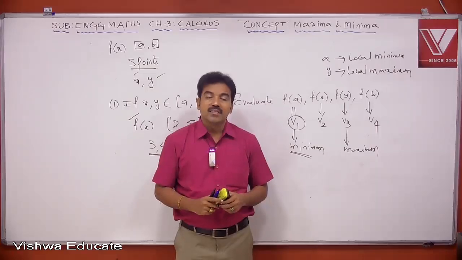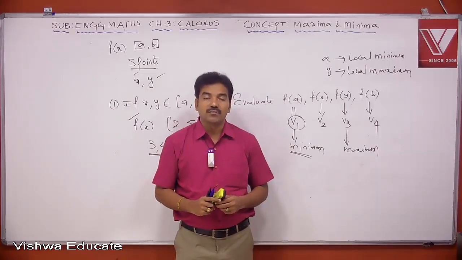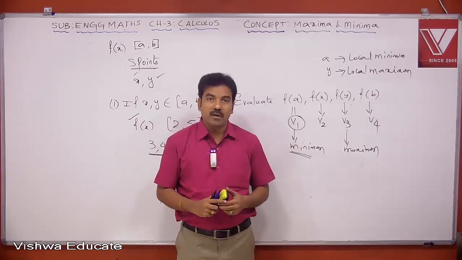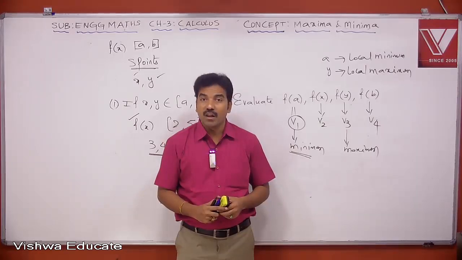I repeat once again, the maximum and minimum values of functions of single variable in closed interval a comma b occur either at endpoints or stationary points of an interval only.